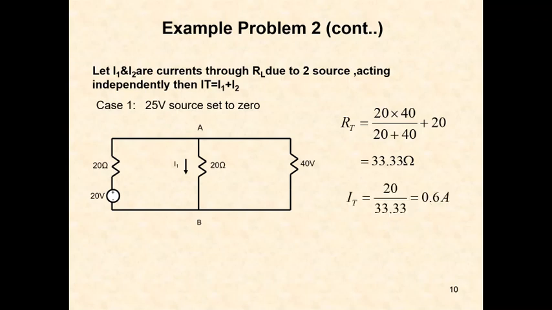Now the total current is equal to 20 volts divided by 33.33, which is equal to 0.6 amps.